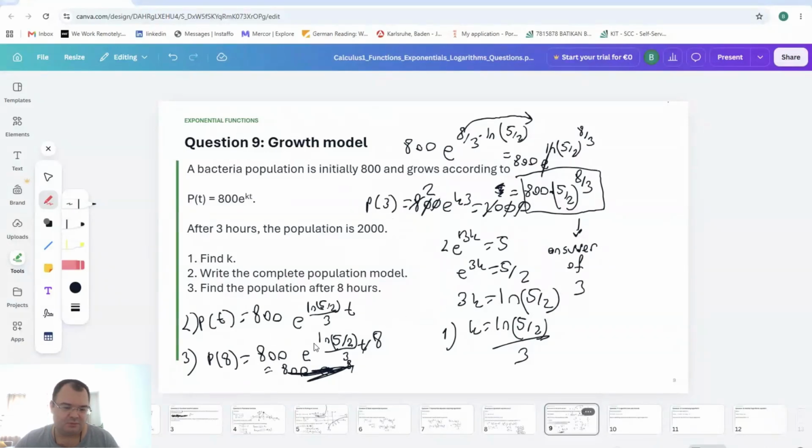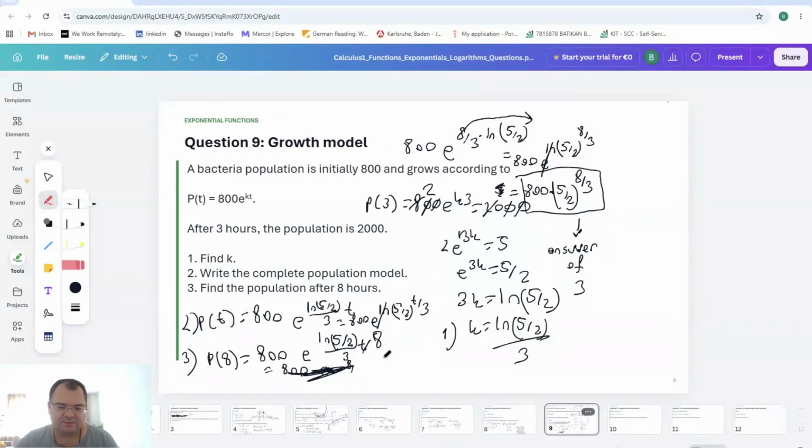And we can also do the simplifications here for the function itself. For the second question, we can simply rewrite it as 800 e to the ln 5 over 2, whose exponent is t over 3.